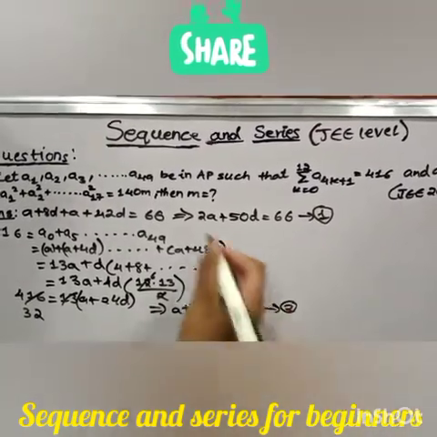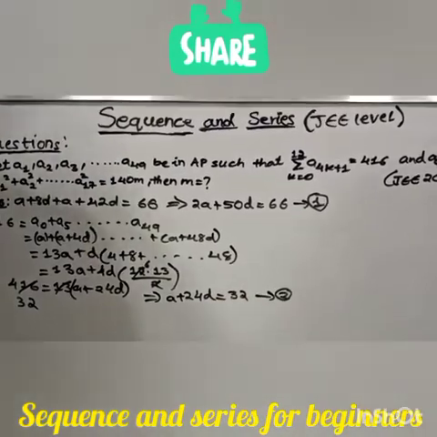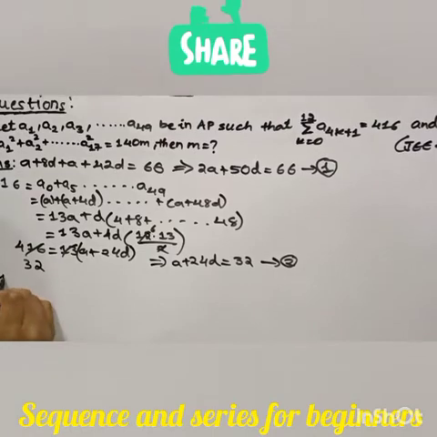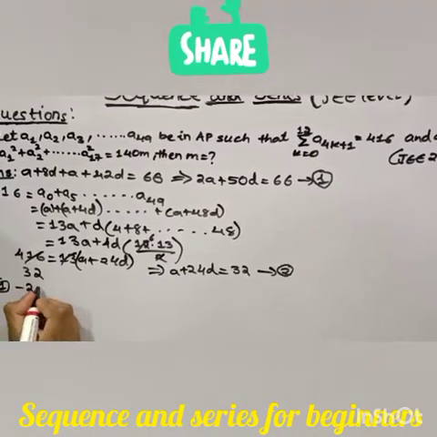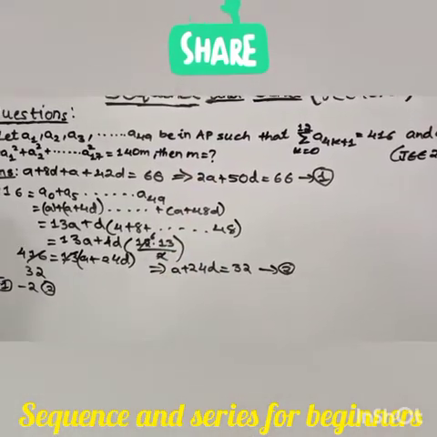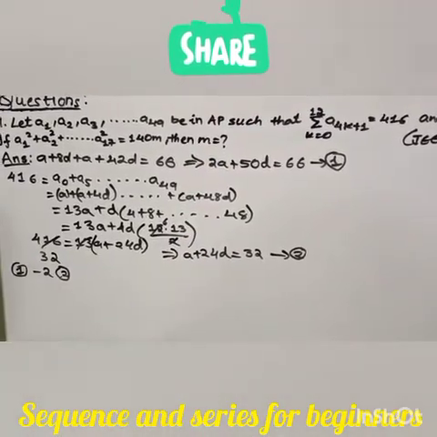We have two variables and two equations, so let's solve it. We can do equation 1 minus 2 times equation 2, because there is 2a, and for cancelling we can use 2a over here.